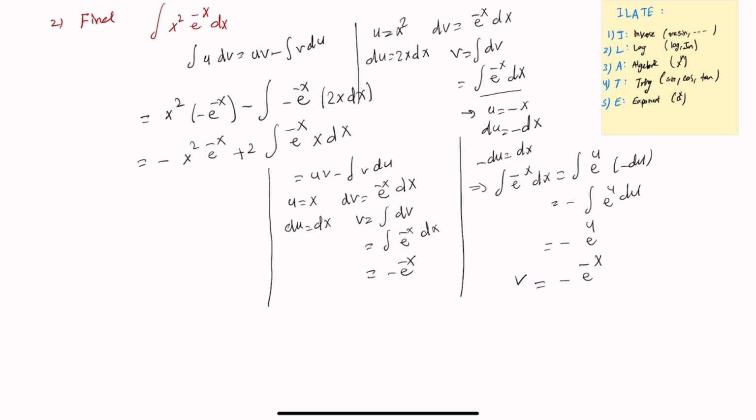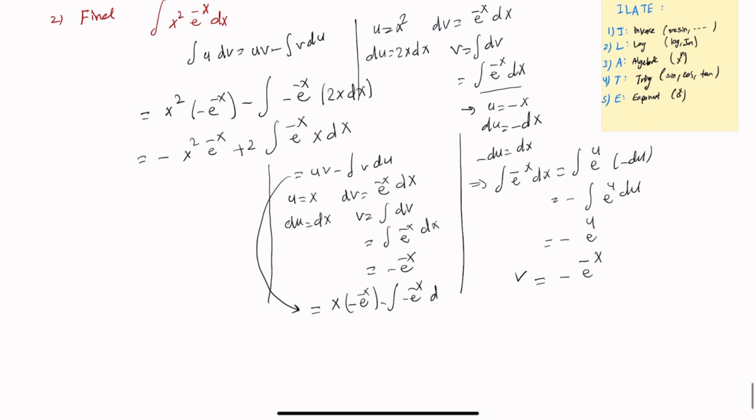Now we are ready to solve for this integral. It's going to be from here equal to u, which is x, and then v, it's minus e to the minus x, then minus the integral of e to the minus x, and note in here that du is just dx.